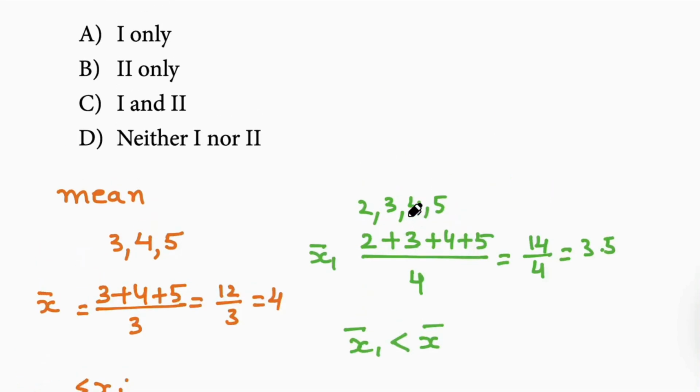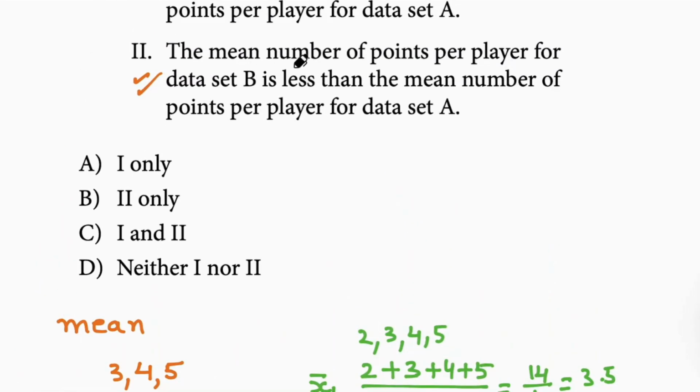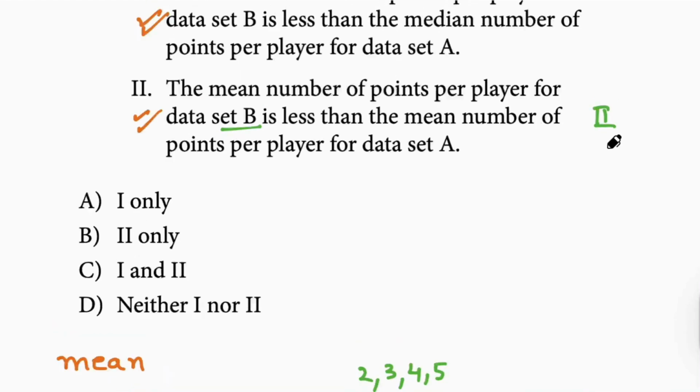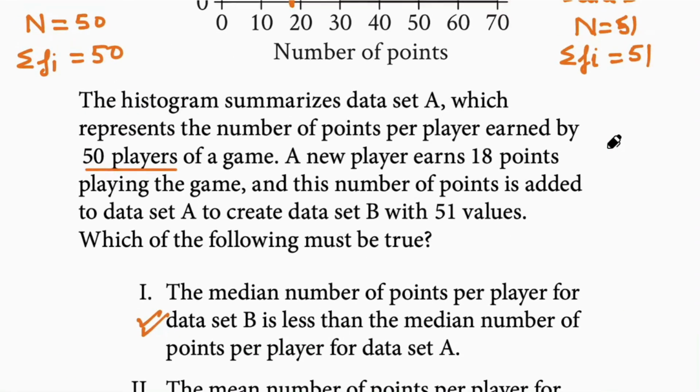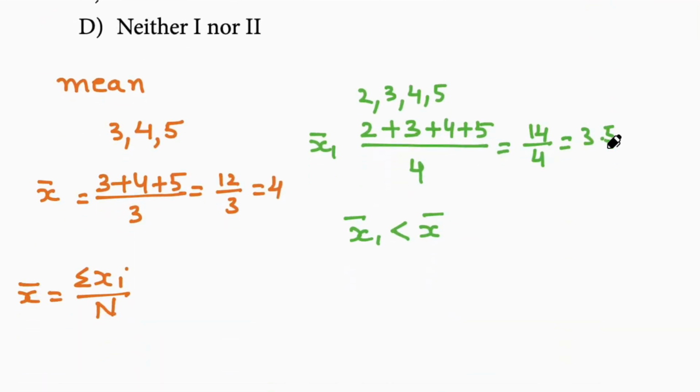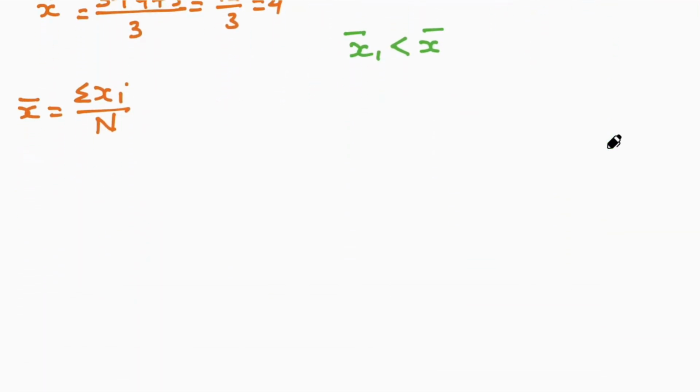Now if I see the second one, the mean number of points per player for dataset B is less than A. Yes, because the number is less. So the second is true. Now let's check for the first. The number of observations are 50 and 51. Now we have to use the basic concept of median.